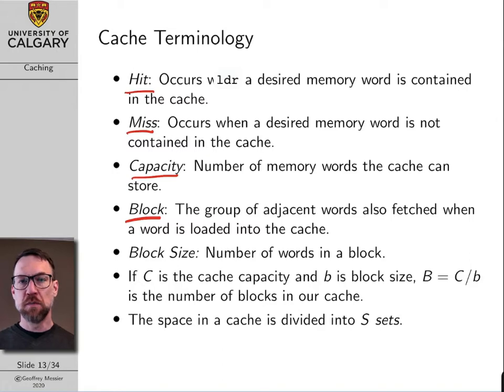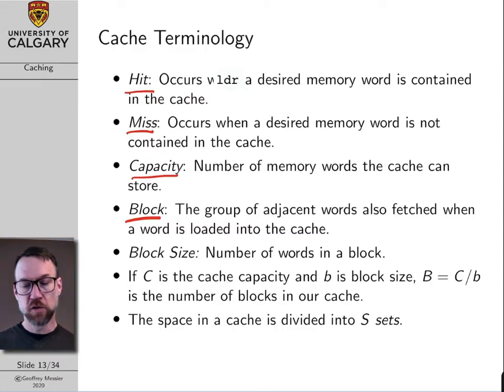We mentioned that if we need one piece of information, then chances are we need the other pieces of information that are close by. And that's why when we ask to load a single word into the cache, typically we don't just load that one word, we load a block of words that are located around the word that we've loaded, and that's what a block refers to.